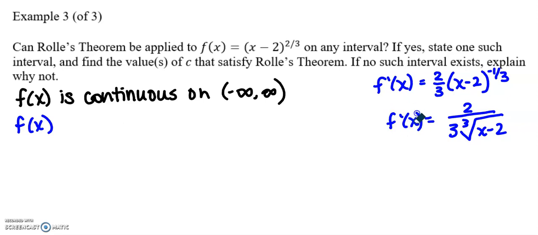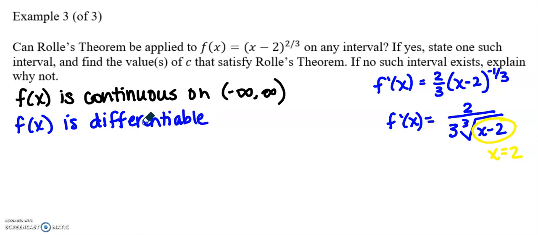And hopefully you guys will be okay to say that f prime has a problem spot at x equals 2. So f of x is differentiable because remember, to be differentiable, it means the derivative is continuous on all real numbers except for 2.